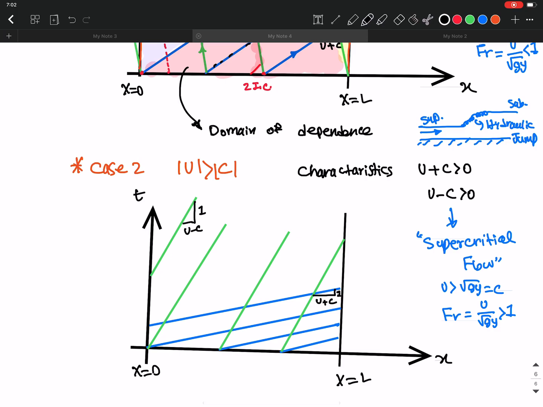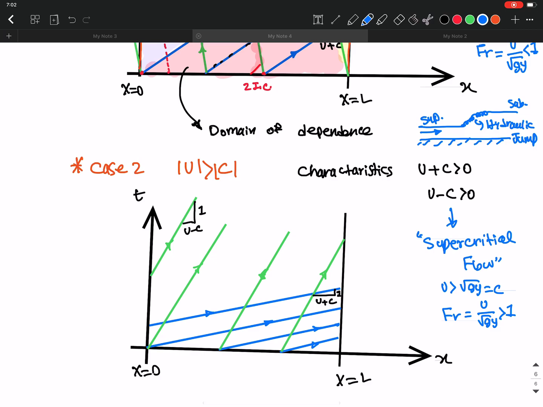So these are two characteristics. This one is going this way, and these are also going to the right. So both of them are going to the right.